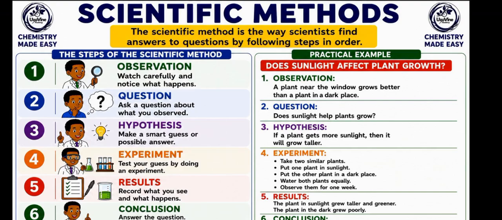There are 6 steps of the scientific method. Number 1 is observation, just as it sounds. Watching carefully and noticing what happens. Number 2 is question, asking a question about what you observed.